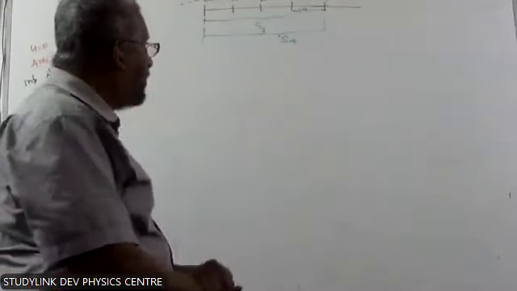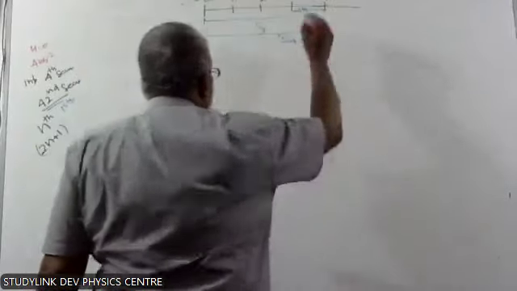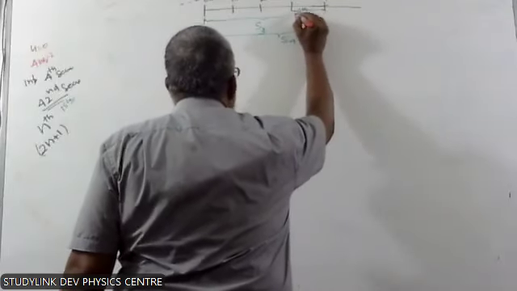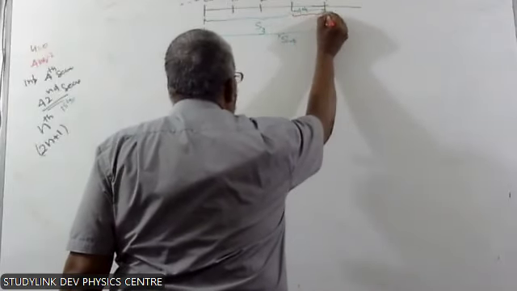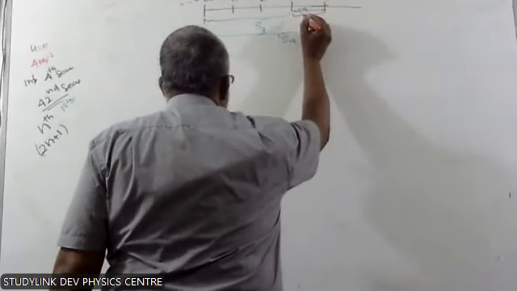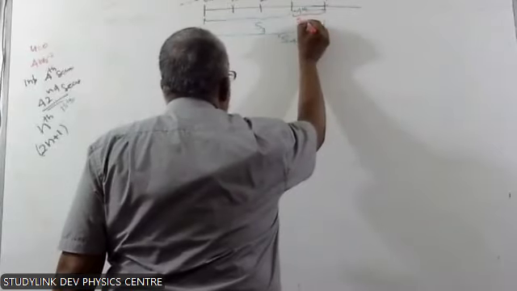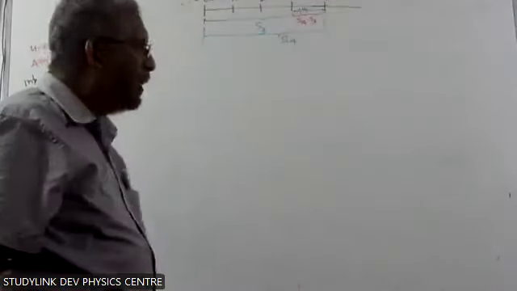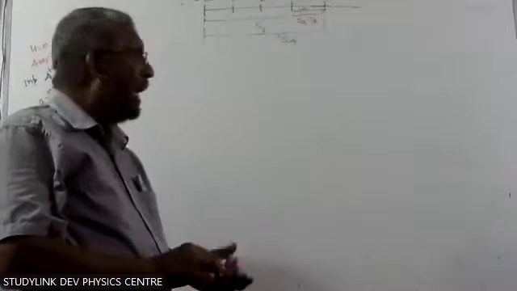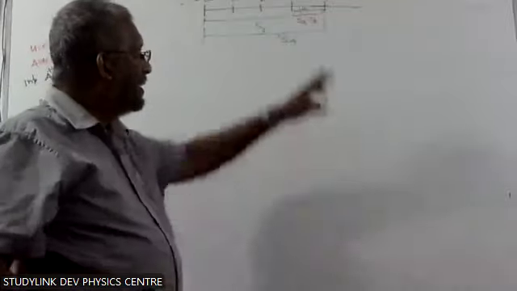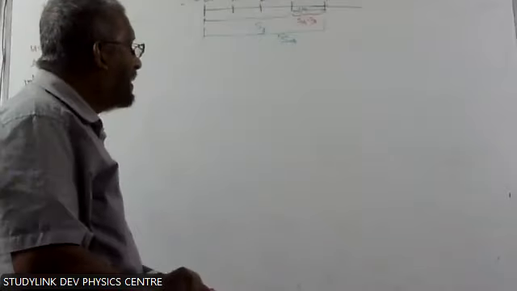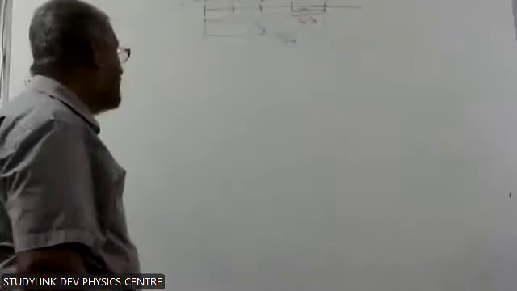Then the distance traveled in the duration from 3 to 4, that is in the 4th second, which is marked in red, is S4 minus S3. That means you have to find S3, find S4 and get the difference. Then you can find the distance it travels in the 4th second.